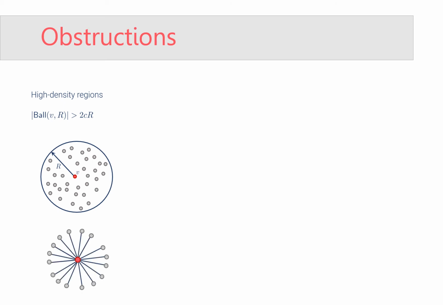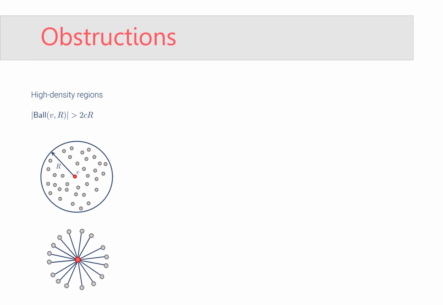A canonical example of this object would be a star graph. Also, for example, a clique, a complete graph. Here, a ball of radius 1 centered at the center of the star, for example, contains just all the vertices inside the graph. And intuitively, why is it hard to embed it into the line? Because no matter how we list these vertices in the line, there will be some of these leaves of the star which will end up very, very far from the center.